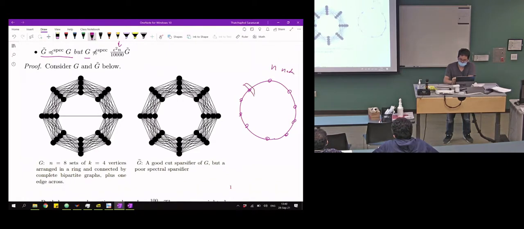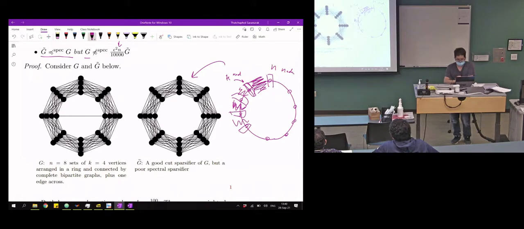And now for each of the nodes here, you replace it by k nodes, and put a bicyclic of size k by k, and do this for every step here. Okay, so that's how you get this graph.